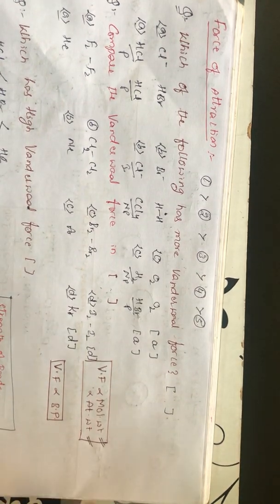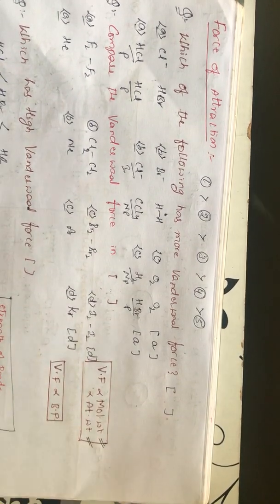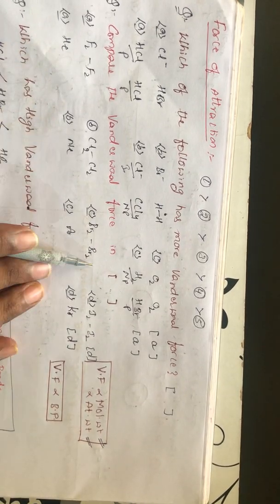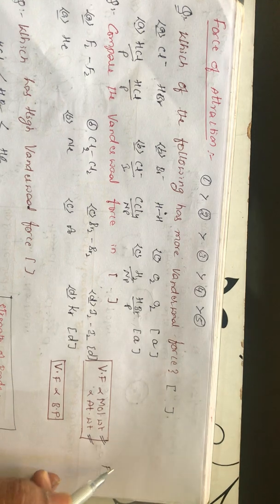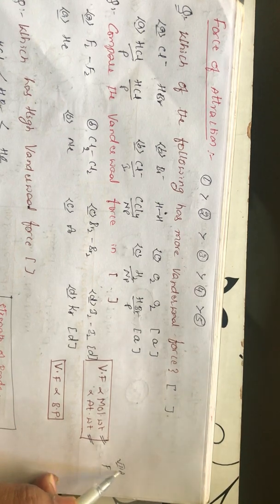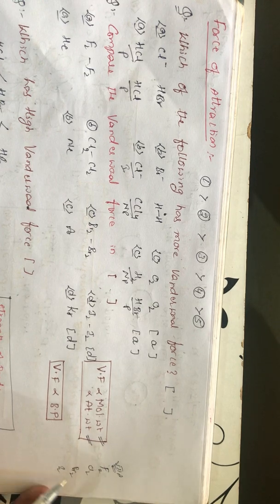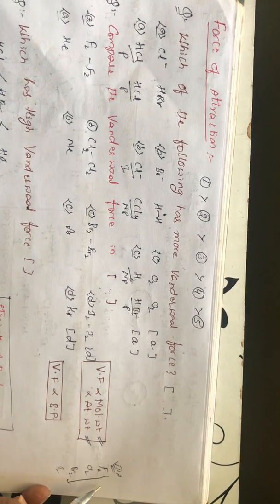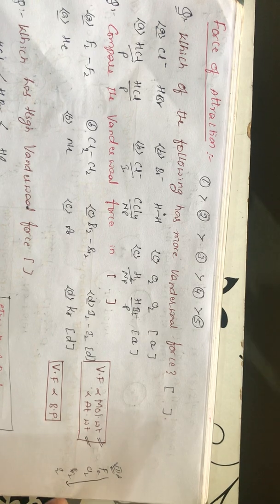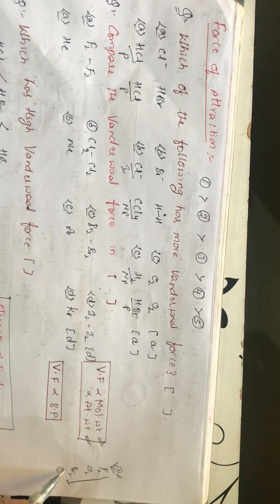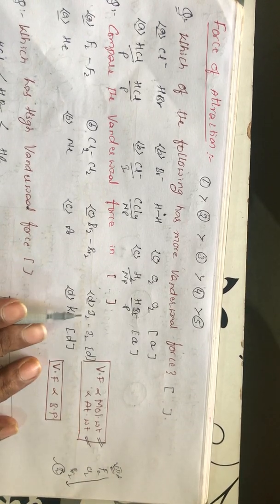The one with more weight will have the more van der Waals force of attraction. Fluorine, chlorine, bromine, iodine all belong to the 7th A group. From top to bottom, what happens to atomic weight? It increases. So the highest one will be I2. So the answer will be I2.